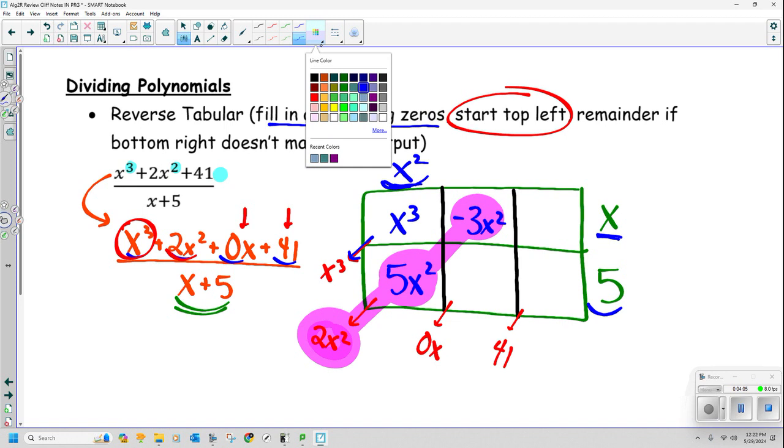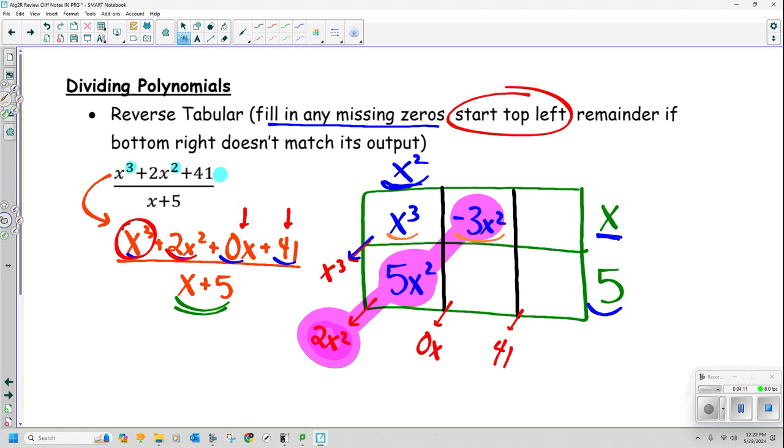Okay, so let's do something else here. Now I have this negative 3x squared. I repeat the same thing I did with the x cubed, meaning what do I multiply by x to get my negative 3x squared? Negative 3x, because negative 3x times x is negative 3x squared. Now I have this outside that I can multiply by this one. 5 times negative 3x is negative 15x.